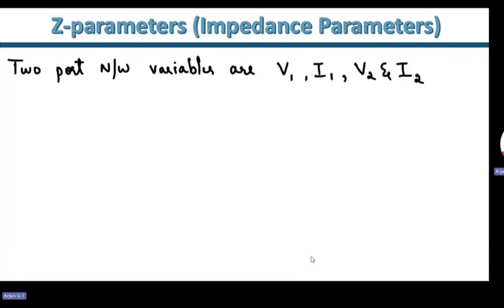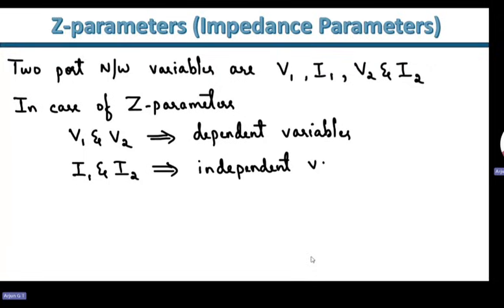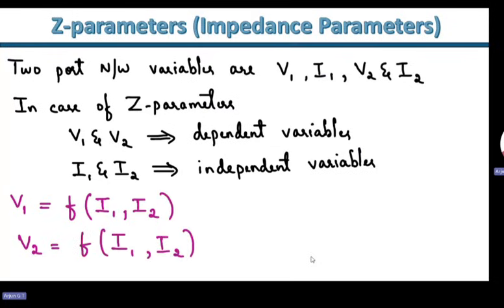To obtain the linear equations, we have to assign two variables as dependent and the other two variables as independent. In the case of Z parameters, V1 and V2 are assigned as dependent variables and I1 and I2 are considered independent variables. So V1 and V2 depend on I1 and I2.